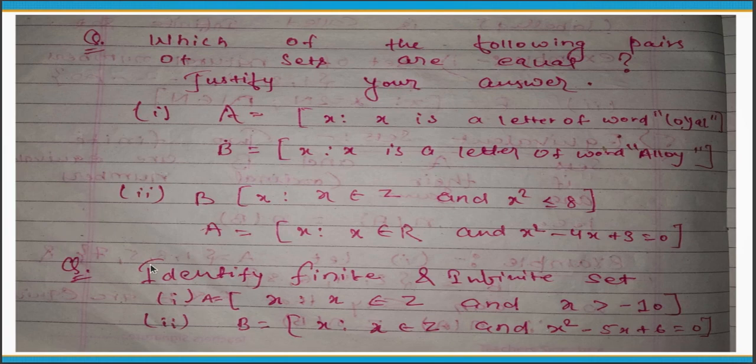Now the second question, you can do it by yourself. Another question is to identify finite and infinite sets. Here you are given finite and infinite sets. Here A is x such that x belongs to Z, Z meaning the rational numbers, and x is greater than minus 10.